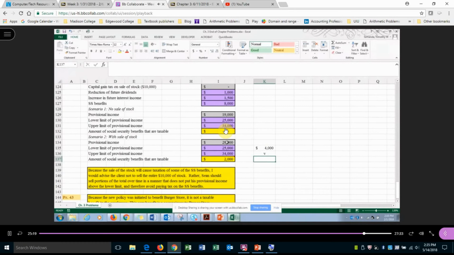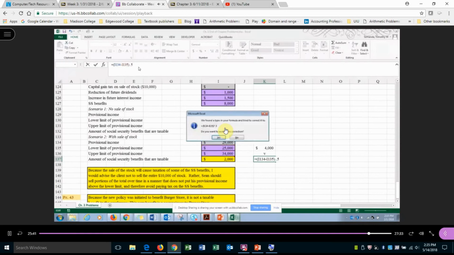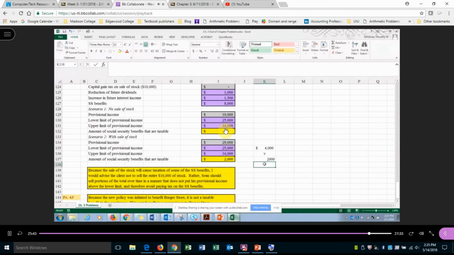So our provisional income, if you sell the stock, is $29,000. We'll take the difference between $29,000 and $25,000, or the lower limit, and then take 50% of that. And that's $2,000.